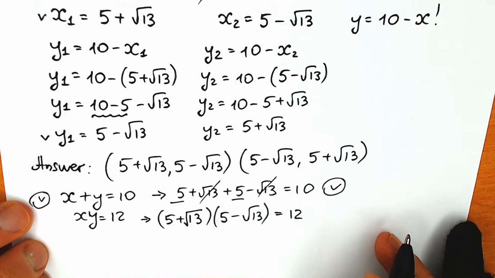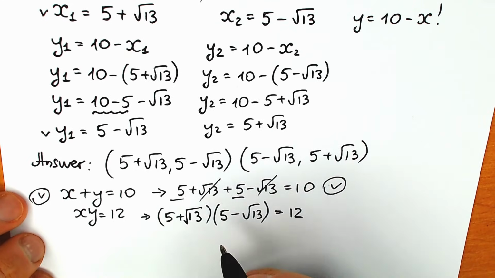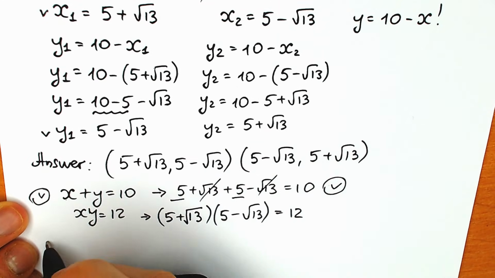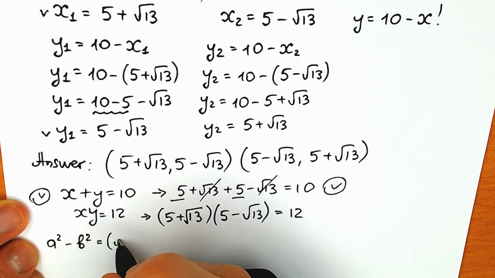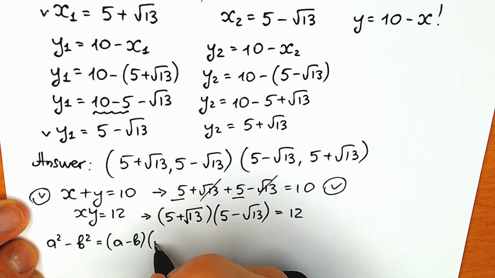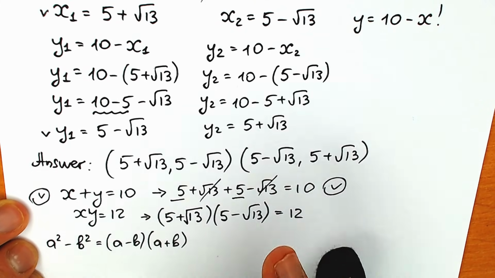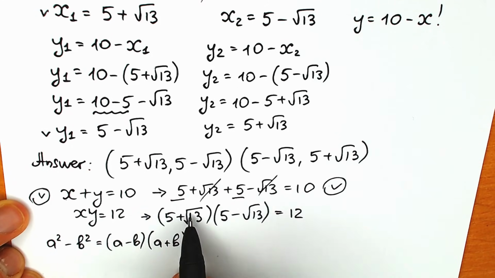And you know, a lot of students might be multiplying parentheses by parentheses, but this is a difference of squares, because when we have, for example, a square minus b square, this is equal to a minus b, a plus b, and we have absolutely the same case. We have plus minus right here, minus plus, doesn't matter. We have a plus b, a minus b.